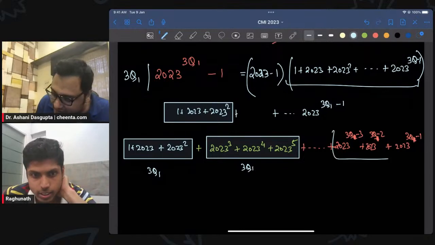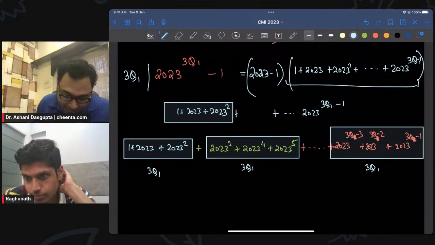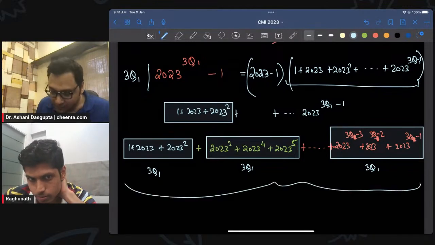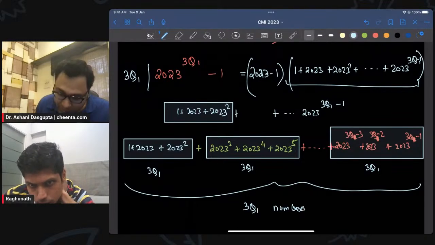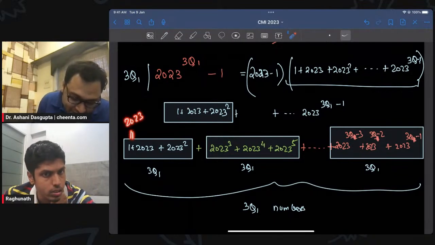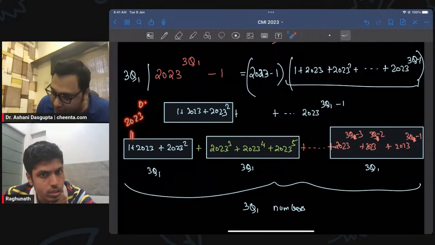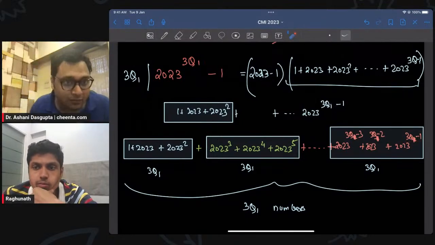How many pieces are there? Well, the total thing has 3q1 numbers, because you started with 2023 raised to the power 0 and went out to 2023 to the power 3q1 minus 1.